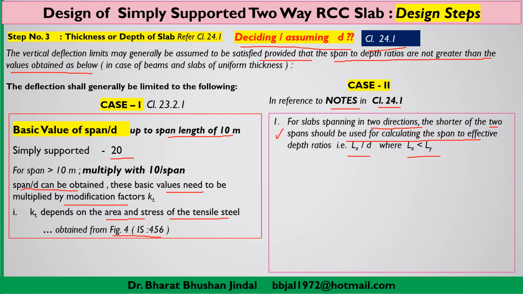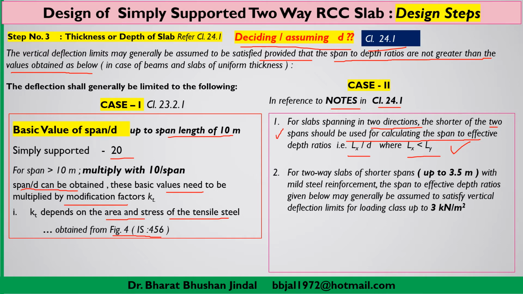So here since we have two types of span, one is shorter and another is longer span. For the calculation purpose, we will always take the shorter span as Lx and the longer span as Ly.